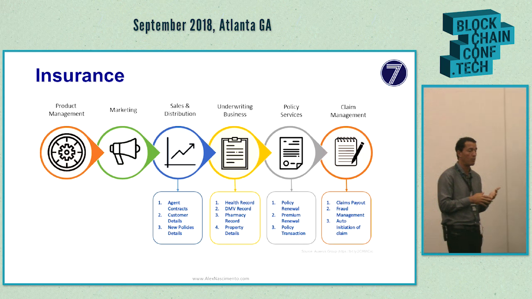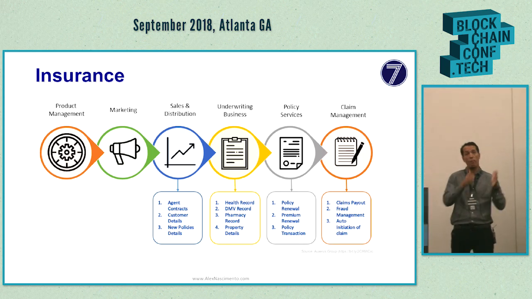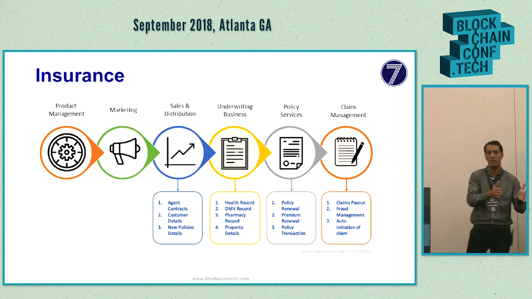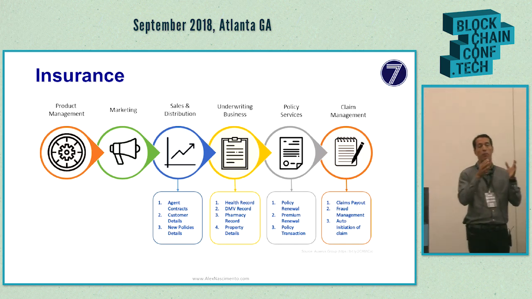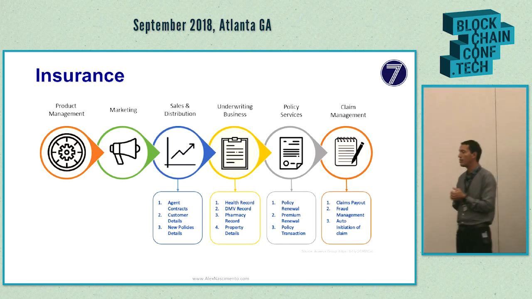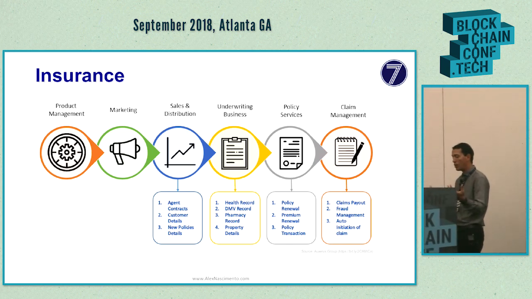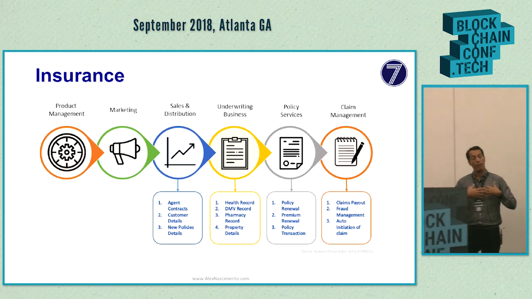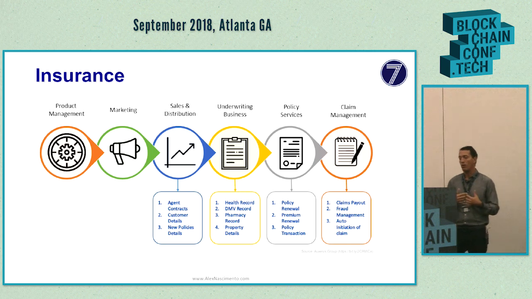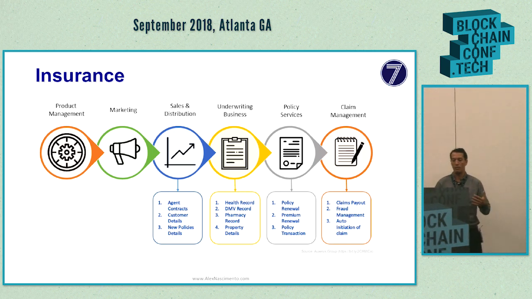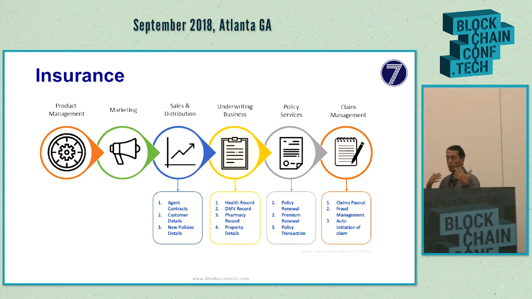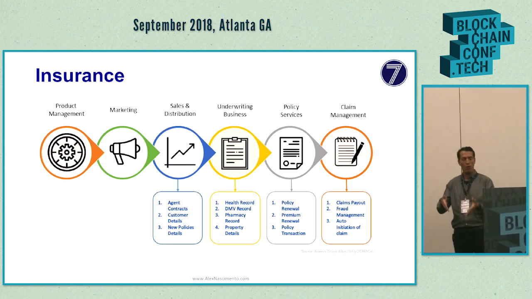Insurance is another major one, because you can create blocks of transactions for different parts and different players and different segments of the entire insurance chain, right? So for sales and distribution, you could have agents' contracts, you could have customer details, you could have new policy updates all in one block.